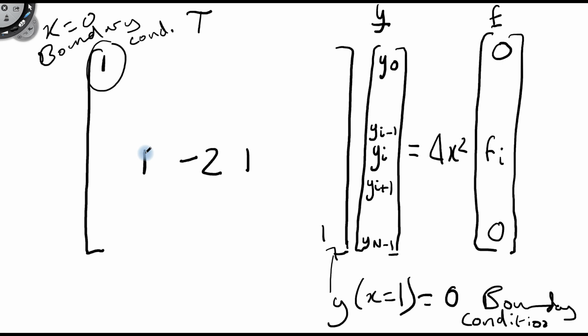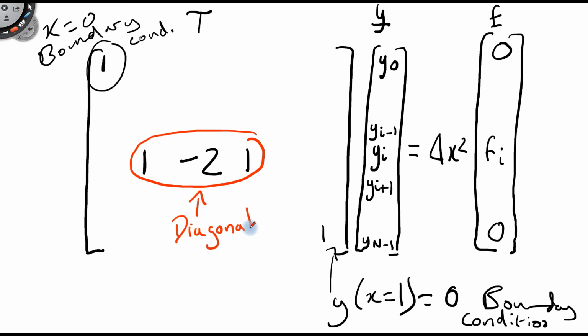Let me use a different colour pen to highlight what's going on. This is just one of many different elements. This is the diagonal here. These two end things are on the diagonal. Then you have the off-diagonals there.